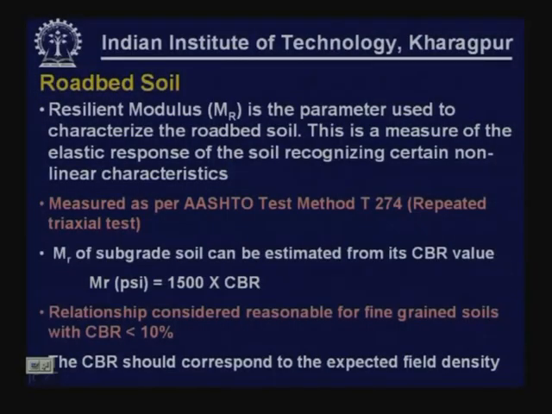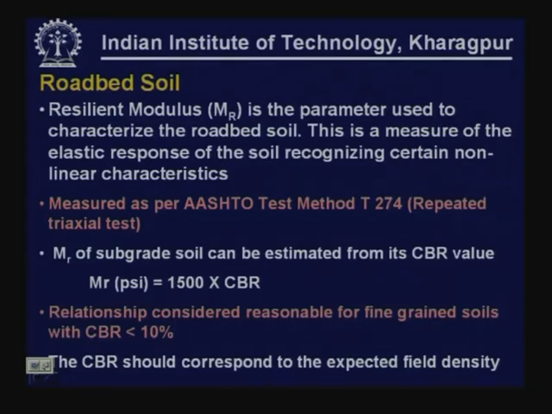The roadbed soil, that is the foundation or subgrade, is represented by the resilient modulus value of the soil. The resilient modulus value is a measure of the elastic response of the soil, recognizing certain nonlinear characteristics.